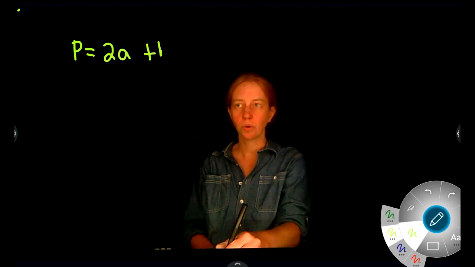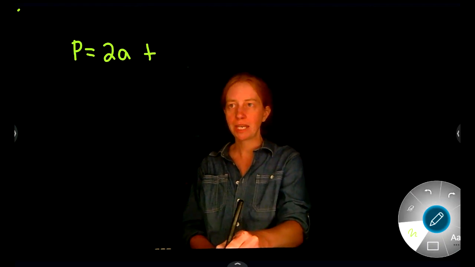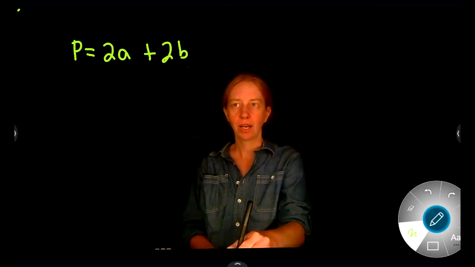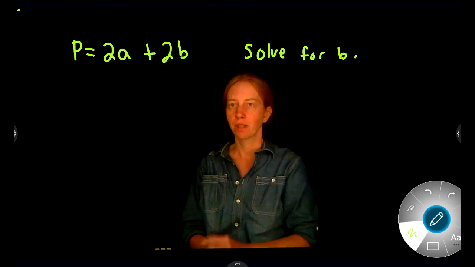We're going to get to some more of those examples. But if I have something like this, P equals 2a plus 2b, okay? And the question is solve for b, okay?